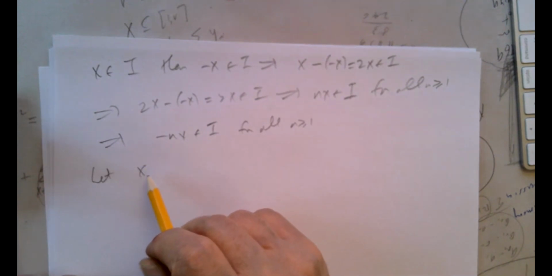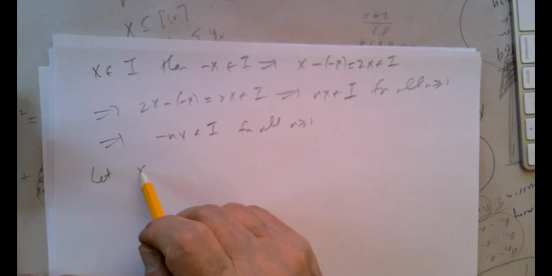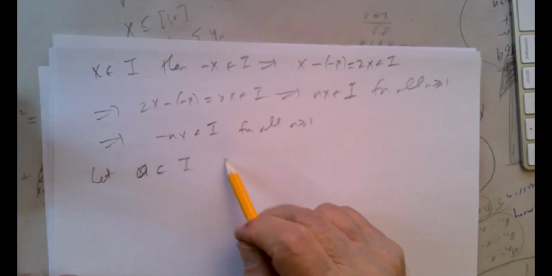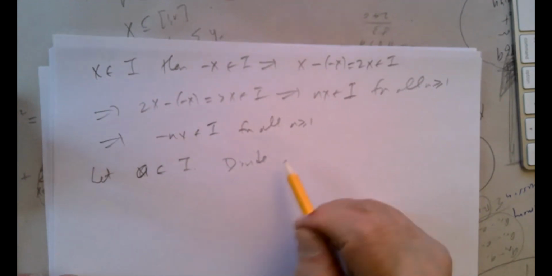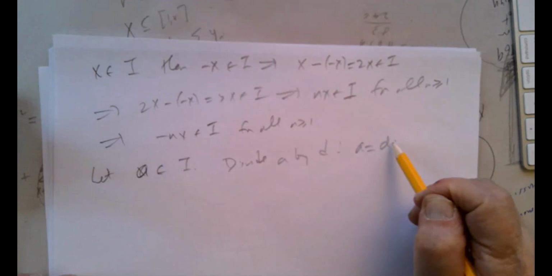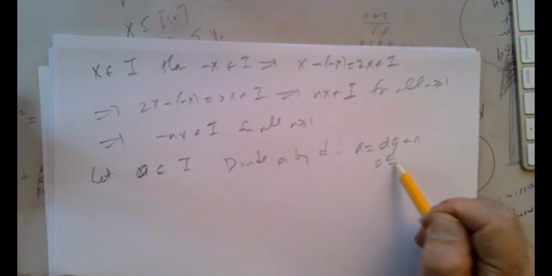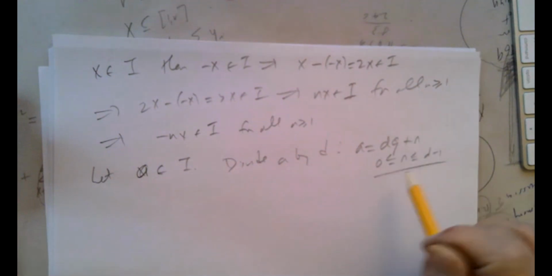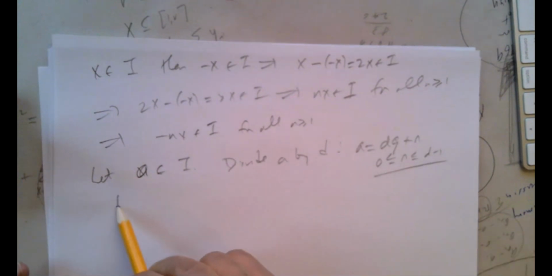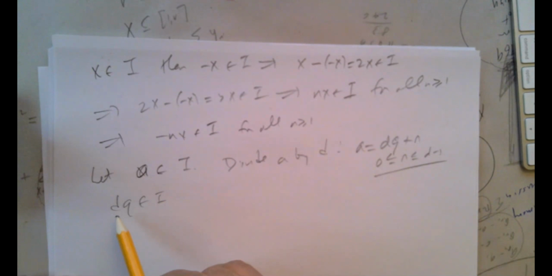So let A be any element in I. Divide A by D. You get A is DQ plus R, where R is the remainder between 0 and D minus 1. So we have DQ is in I, because D is in I, and I is closed under subtraction.